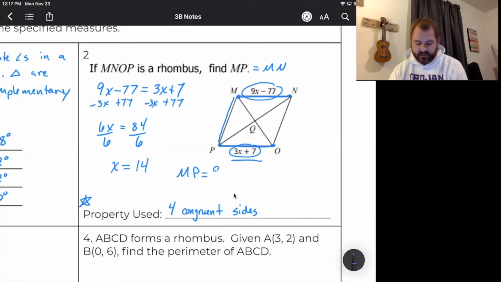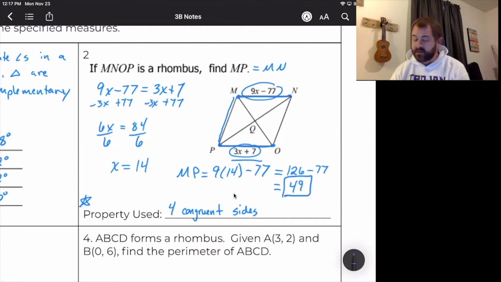I'm going to choose the top one. 9 times 14 minus 77. Okay, when we do 9 times 14, that is 126. And when I do 126 minus 77, I get 49 in length. And this is not degrees because we found a length of a side. So that length would be 49.